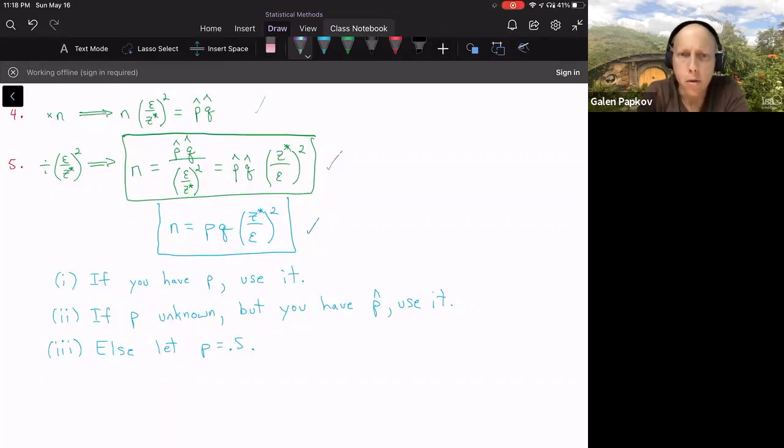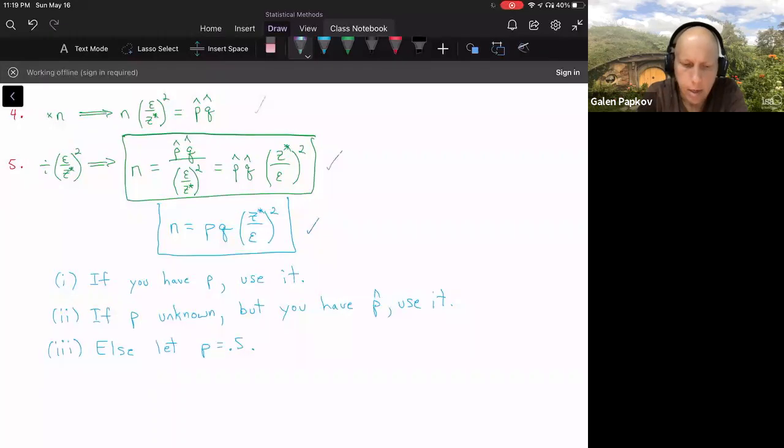If you don't know it, but you happen to have an estimate for it, whether it was in a pilot study or some past relevant research, then plug that estimate in for p. But in the worst case scenario where you don't know anything about it, then let p be 0.5.